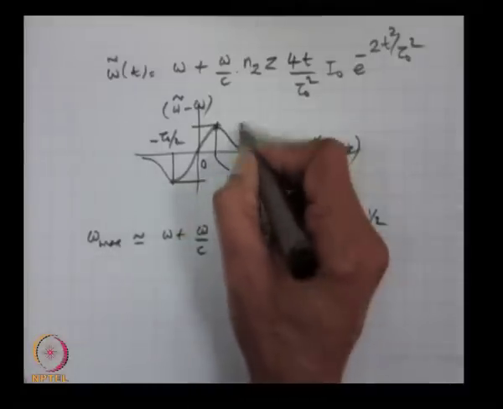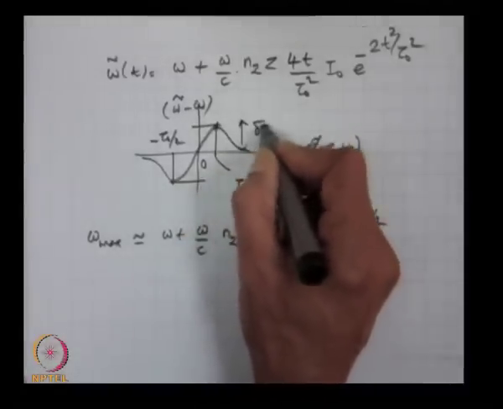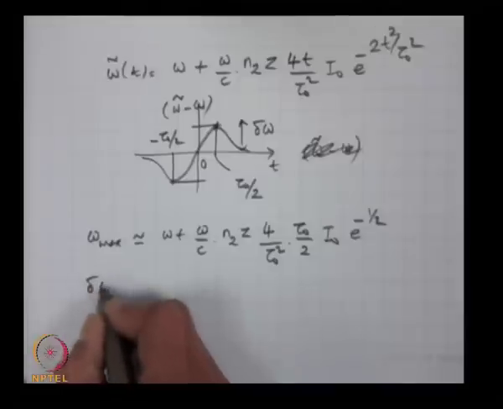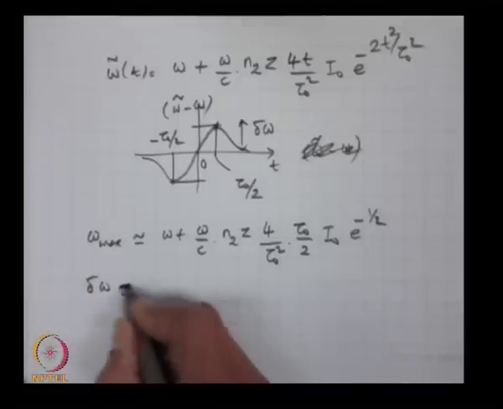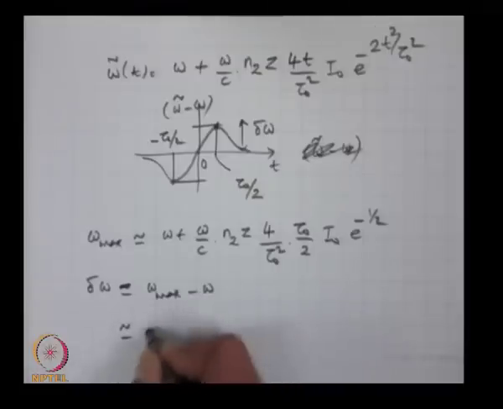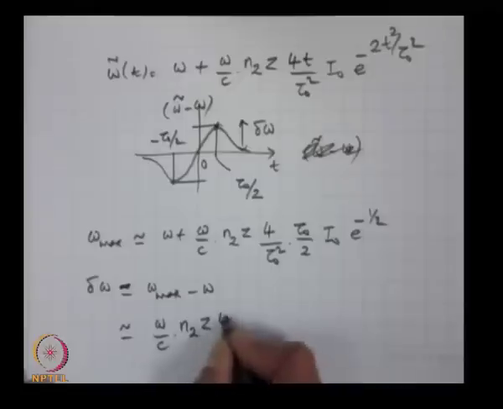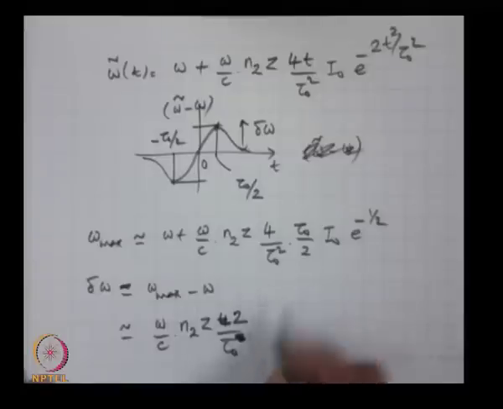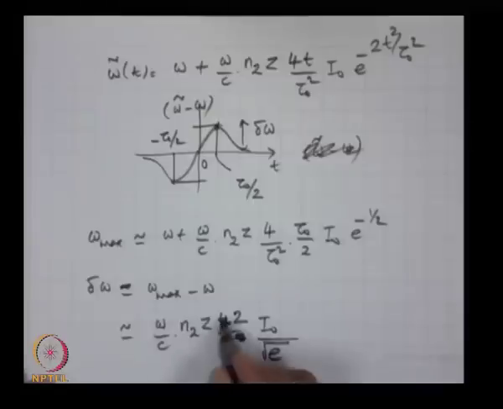Okay, so if I call this delta omega, which is equal to omega max minus omega, it is of the order of omega by c n2 z 4 by tau 0 square, 2 by tau 0 I naught by 2. This is just an estimate of the chirp that is taking place within the pulse.